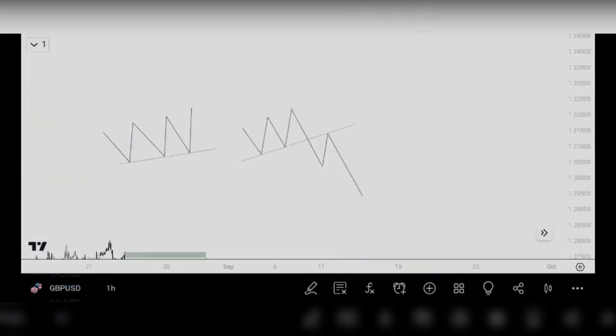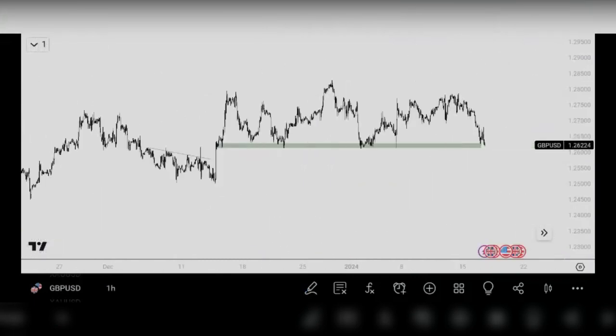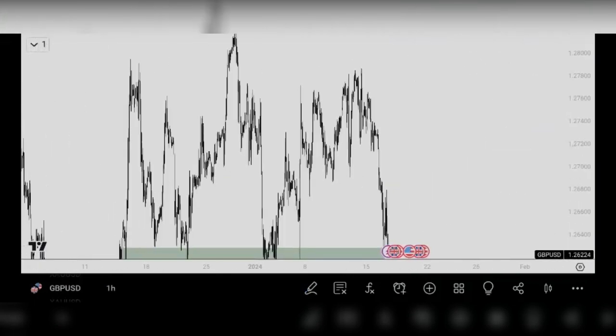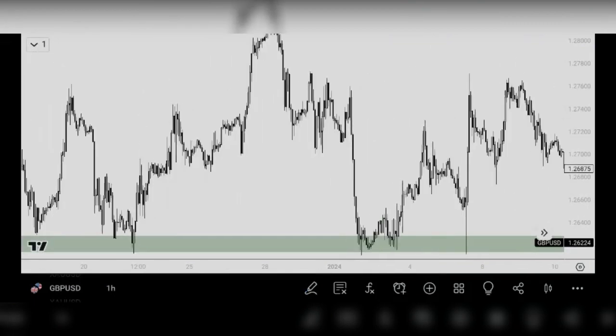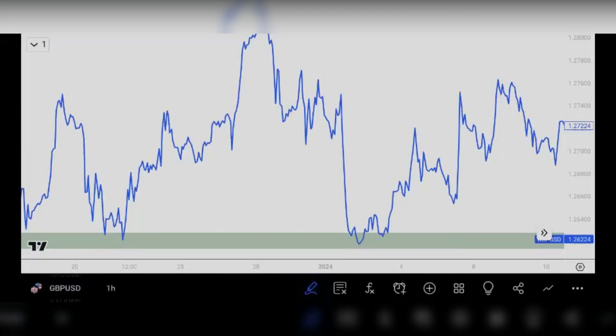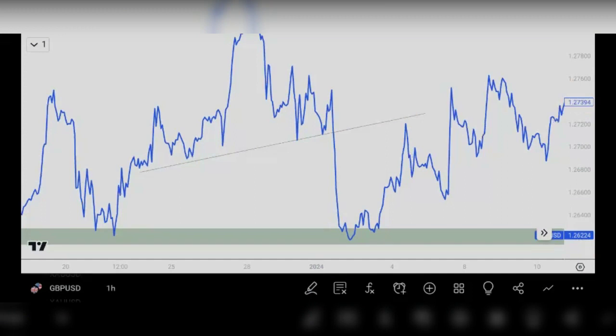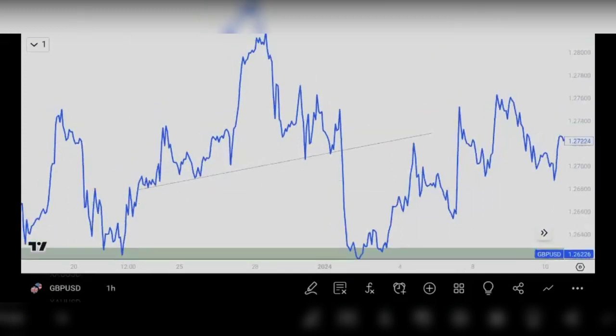I have a clean example of this particular scenario. Let me show it to you. Now, take a look at this. Now, look at what's happened here. We have the first touch, second touch, and the third.